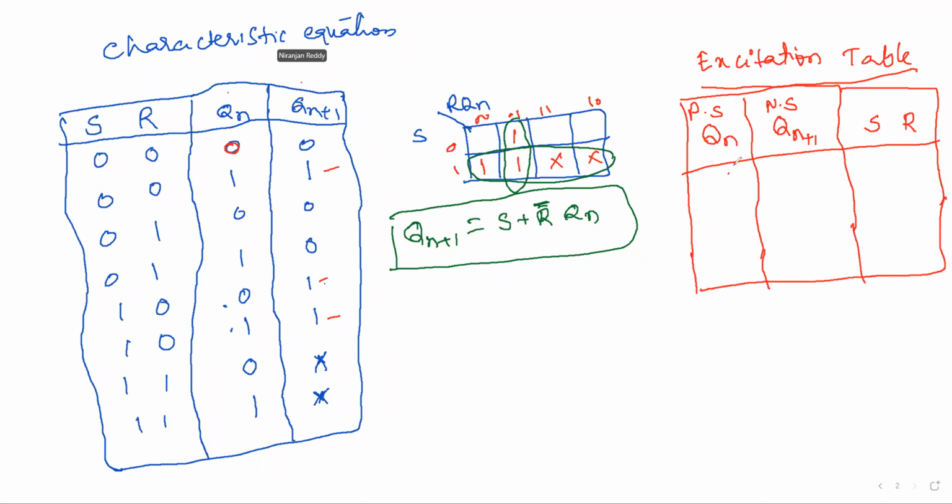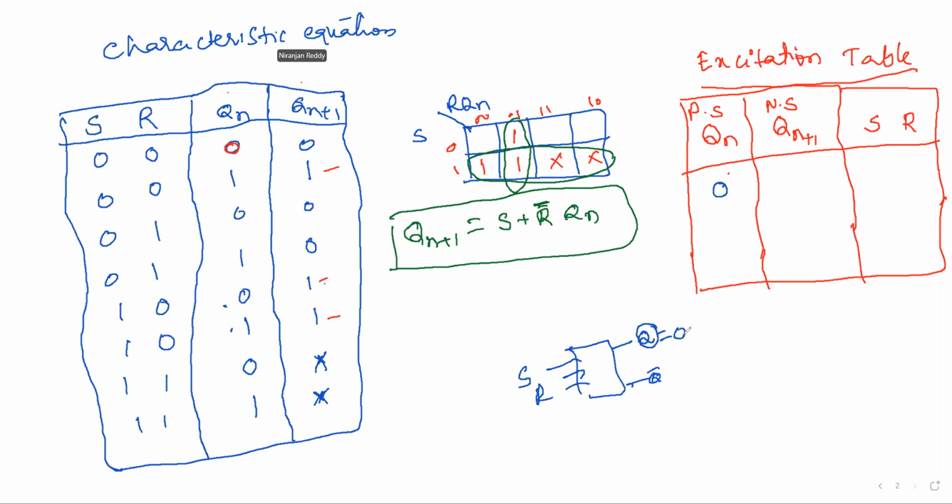Right. Now, I have the present state output of the flip-flop. See here, I have one flip-flop, which is an SR flip-flop, right? It is clock enabled. Okay. This is my Q. Q bar, you don't need to consider, because the output is only Q. Now, my output is 0.